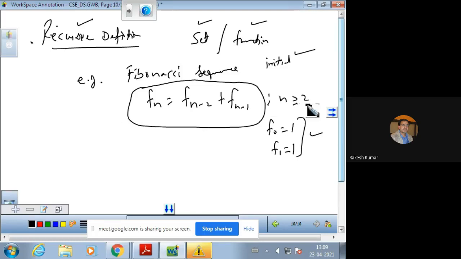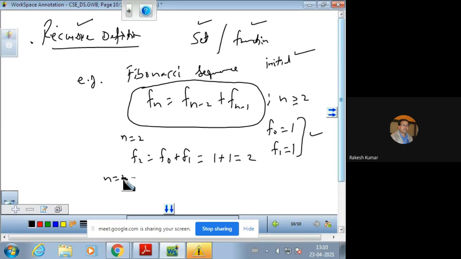Just see, n should be greater than or equal to 2. It means when you put n equal to 2 here, you will be able to find F2, that is F0 plus F1, and F0 is 1 and F1 is also 1, so that is 2.